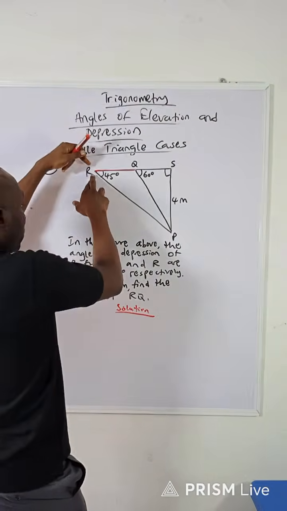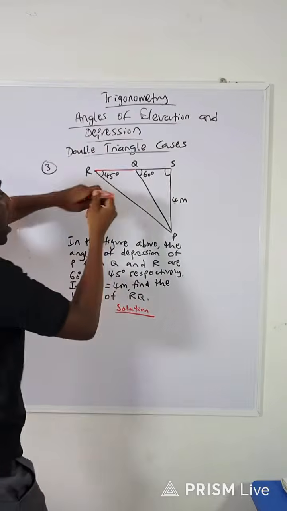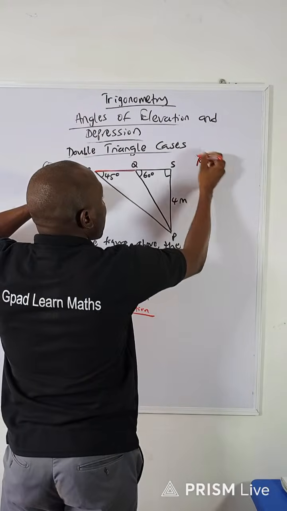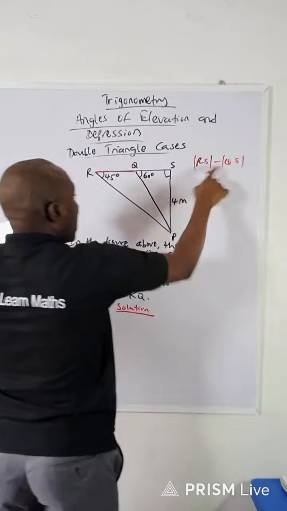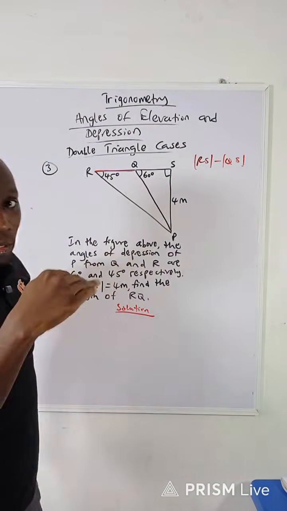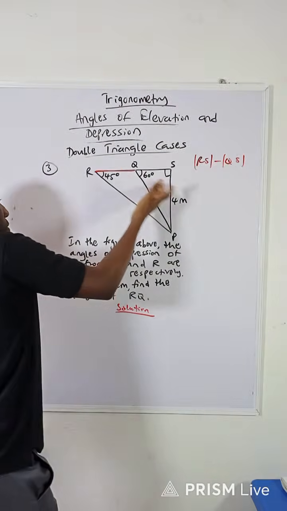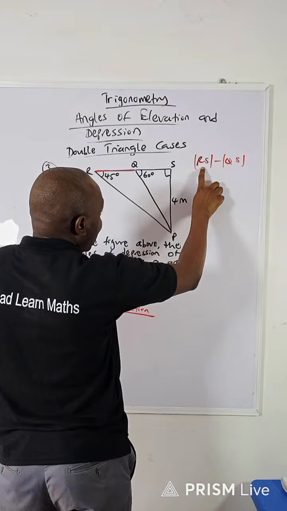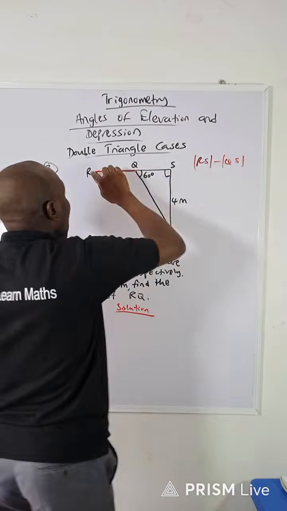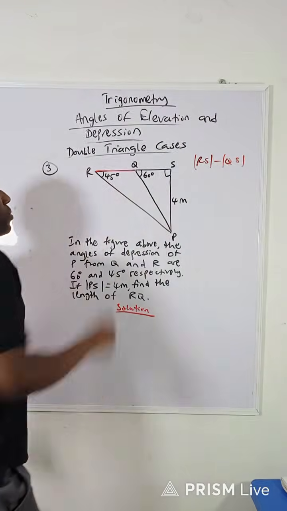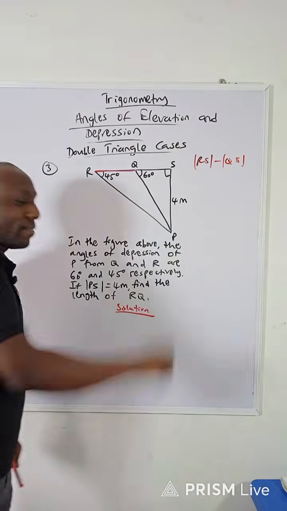To get RQ, I will simply do RS minus QS, because they are both sides of the respective right angle triangles. It's as if you are cutting away QS from RS to get RQ, which is what we were asked to find.